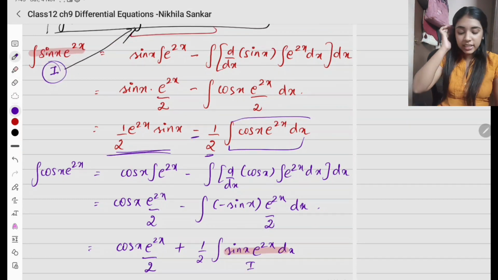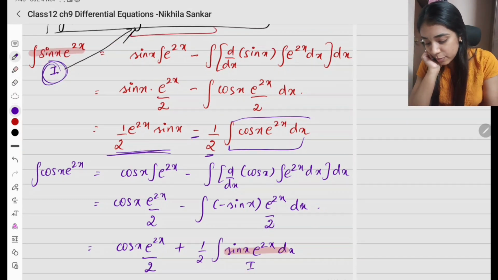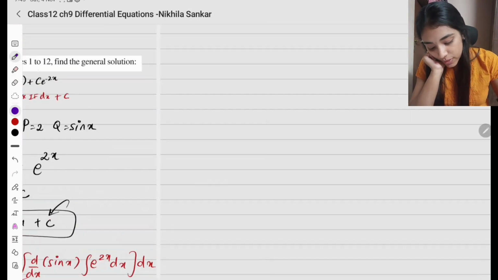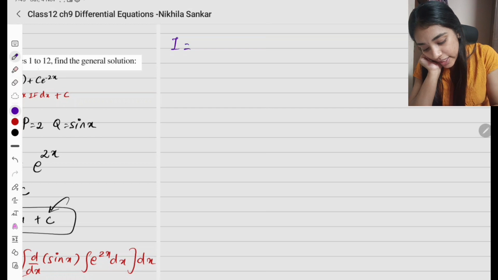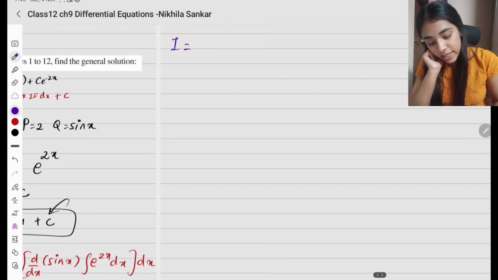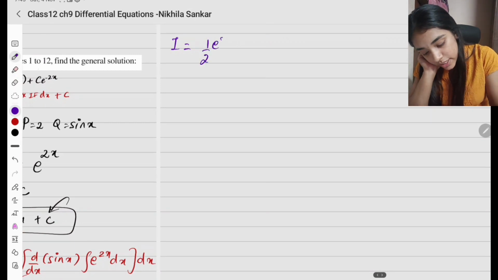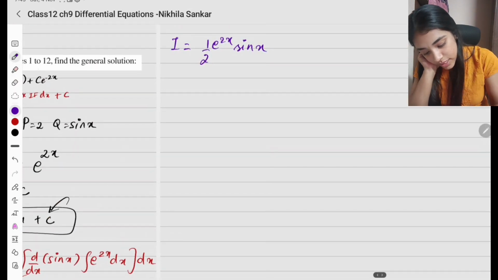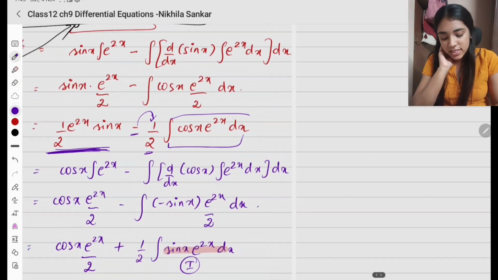Okay, so now on the left hand side, what do we have here? I'm going to name this as I, and this is also going to be I, right? So I equals, when I substitute, first I'm going to write half e to the 2x times sin x minus half. So I have minus half times integration cos x e to the 2x.